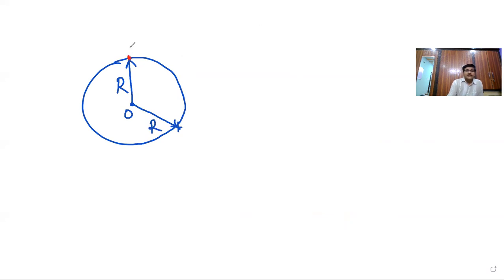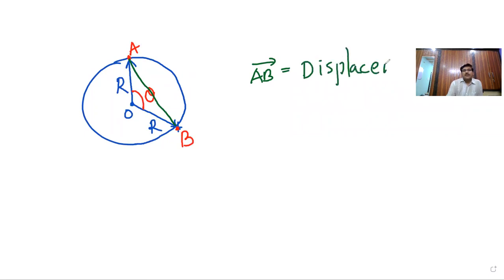If this is the initial point A, if this is the final point B, and theta is the angle between them, then the displacement, the shortest distance between initial and final point, the straight line AB bar, is simply given as 2r sine theta by 2.